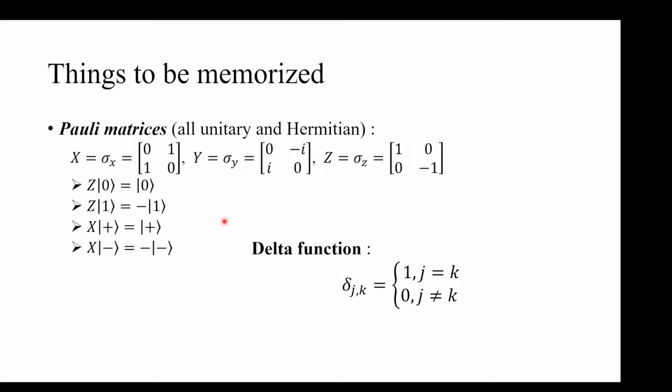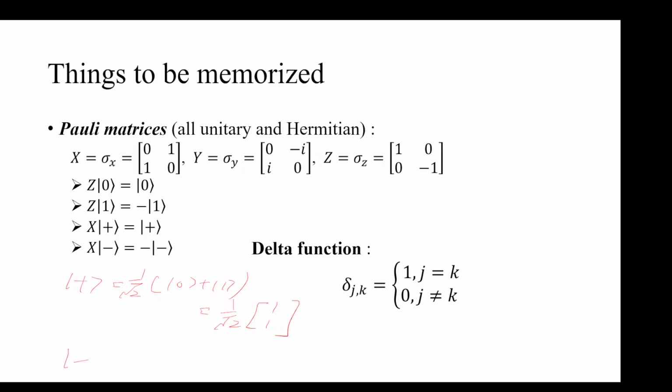We should write down the plus state and the minus state here. The plus state is the normalized 0 plus 1, so plus equals 1 over square root 2 times (0 plus 1), which in matrix notation is 1 over square root 2 times [1, 1].